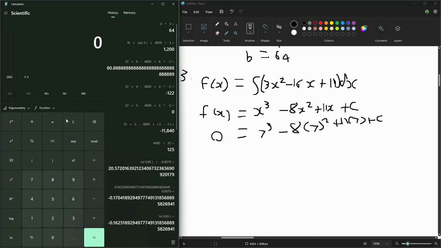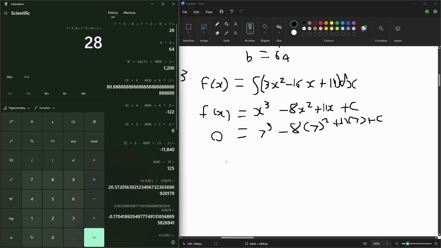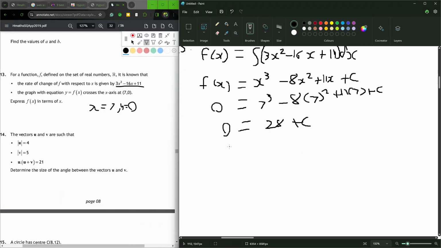Boom. So this basically means that 28 plus c equals 0. That means that c must equal negative 28.